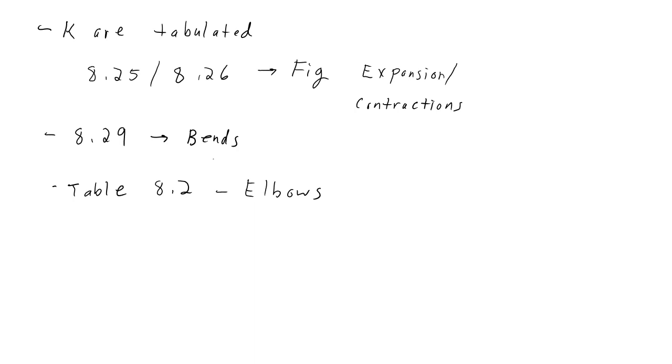So, the nice thing about this loss coefficient is that, as I mentioned before, but I'll just reiterate, the flow inside of things like elbows and bends is very complex, but it is still easy to quantify their effect in terms of losses.